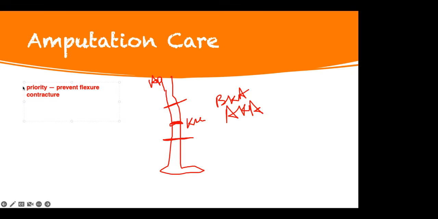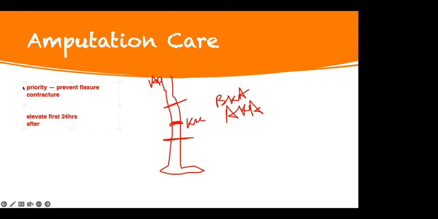So what should they not do? I want you to pay attention. If they're going to ask you the question, this is what they will say. Don't elevate it after 24 hours. But before 24 hours, I'll clean it and elevate the amputation, the first 24 hours.